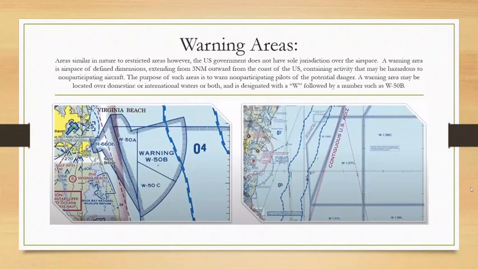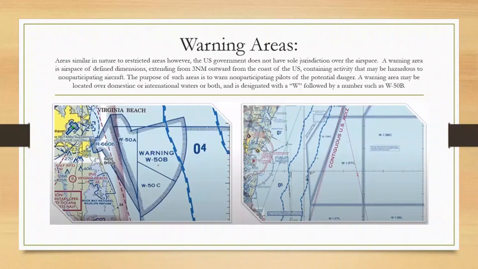Warning areas. These are areas similar in nature to restricted areas. However, the U.S. government does not have sole jurisdiction over this airspace. So a warning area is going to be an airspace of defined dimensions extending from 3 nautical miles outward from the coast of the U.S., and it's going to contain activity that may be hazardous to non-participating aircraft.